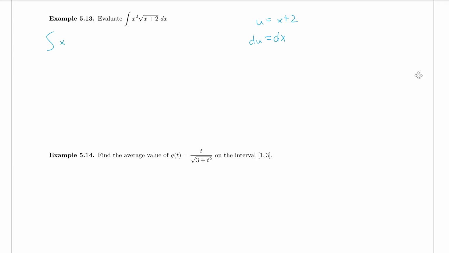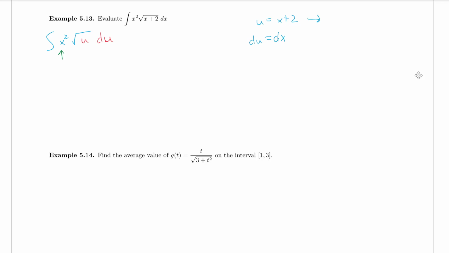So we have the integral here of x squared, square root of u, du. But now our problem is that we have an x squared left over, and it didn't cancel out. But this is the correct u substitution. So we have to play a little trick here.